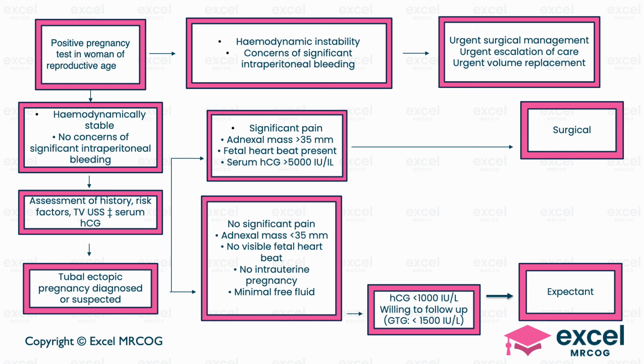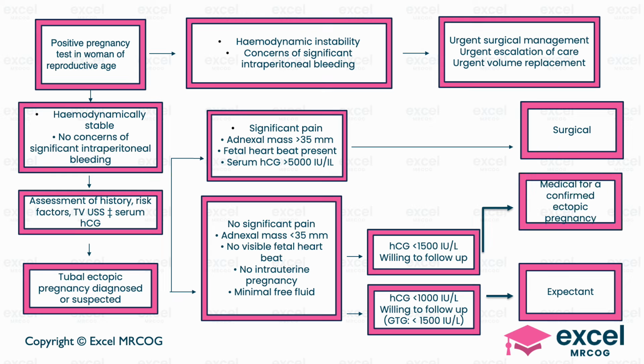So for all practical purpose, less than 1,500, you could consider expectant management of ectopic pregnancy. If it is less than 1,500, as per the NICE guideline, and she is willing to follow up, you can offer a medical method for ectopic pregnancy, can consider expectant management as well.